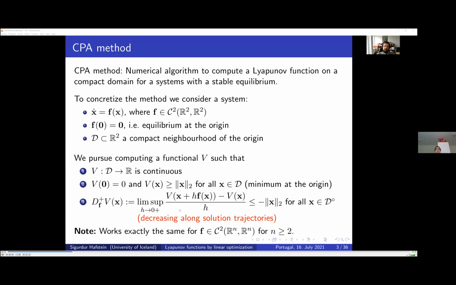But this being negative will also imply that V is decreasing along all solution trajectories. So this is enough. And like I said, it works exactly the same for f defined from Rn to Rn. And here we assume that f is 2 times continuously differentiable. It is not quite necessary, but it's convenient.